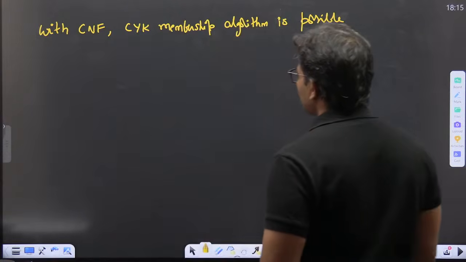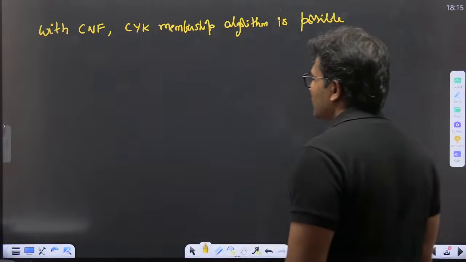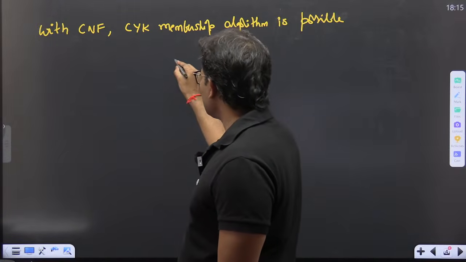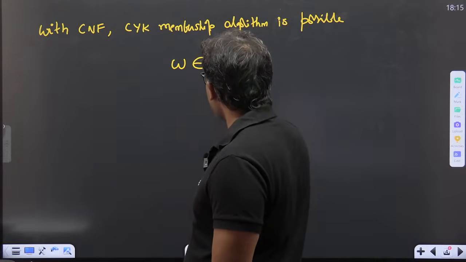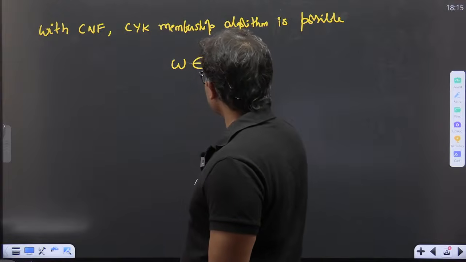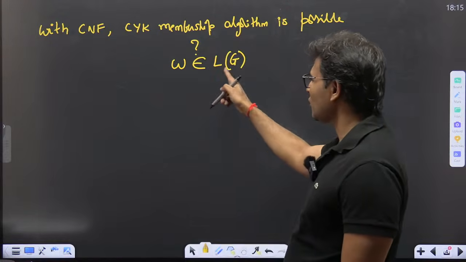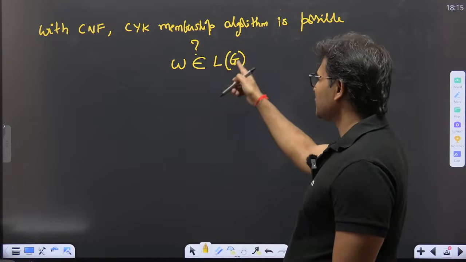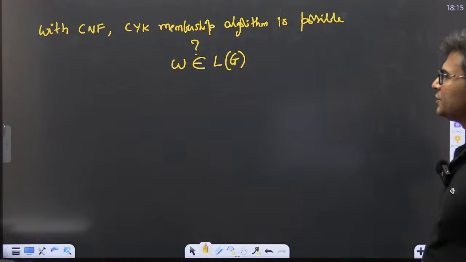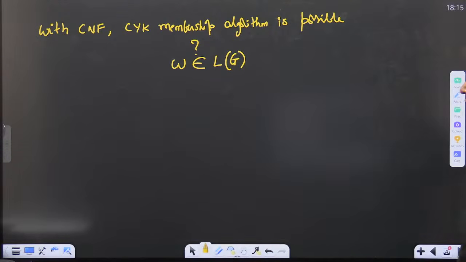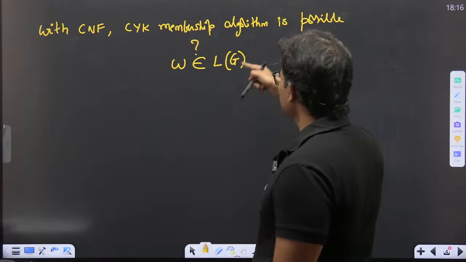What is a membership algorithm? Given a string w, does it belong to the language of the grammar? This is the membership question. Or you can directly say, given a string w, does it belong to the language? The language can be a context-free language, or just a language. With CNF, the CYK membership algorithm is possible.